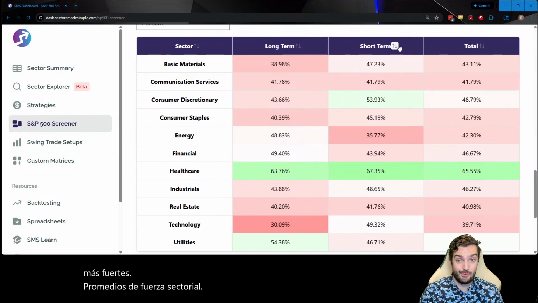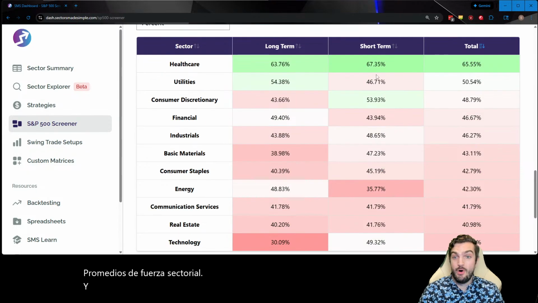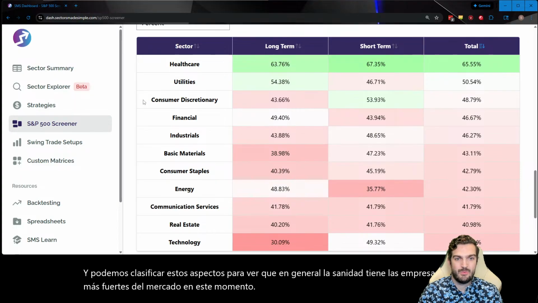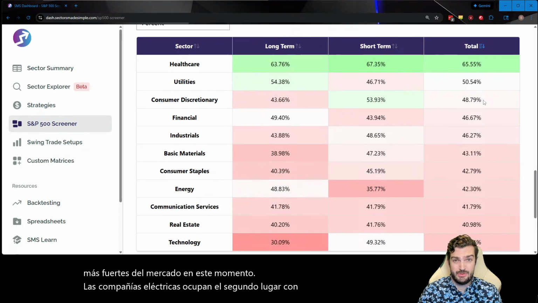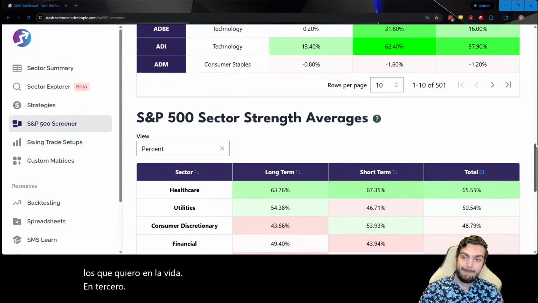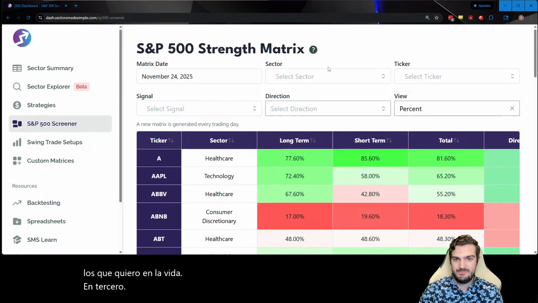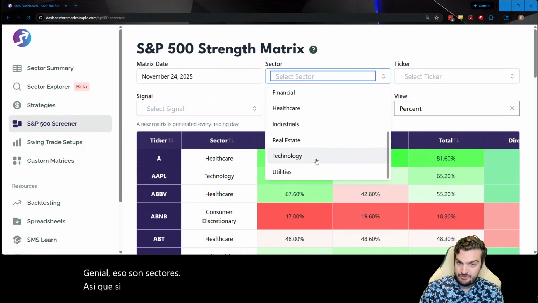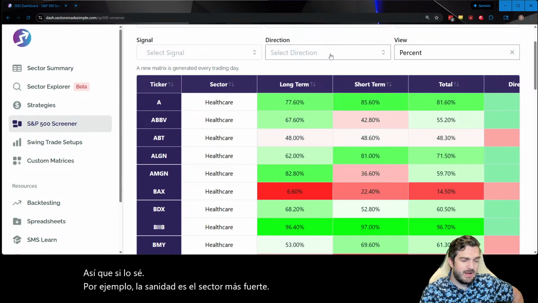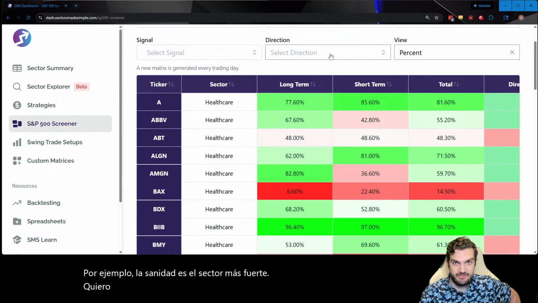And we can sort these to see overall, healthcare has the strongest companies in the market right now. Utilities is in second, with consumer discretionary, these are the I wants in life, in third. Cool. That's sectors. So if I know that, for example, healthcare is the strongest sector, I want to find the strongest company in the strongest sector.